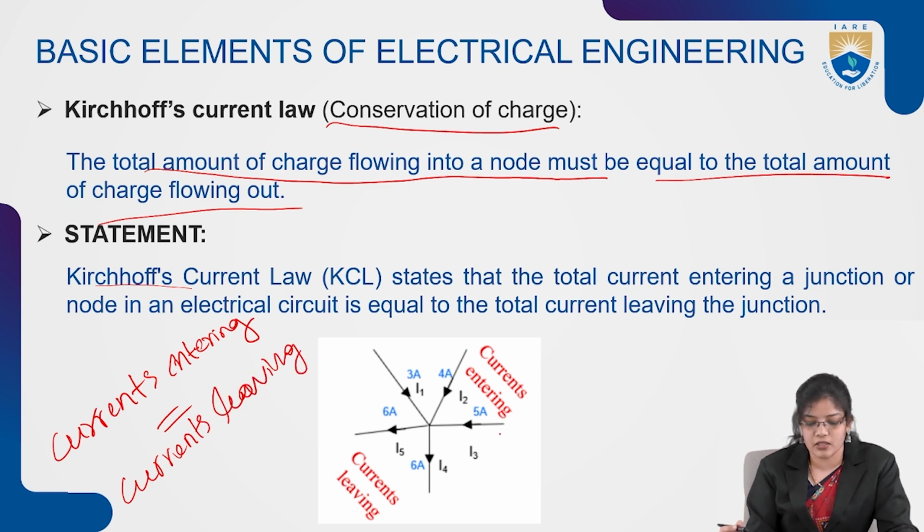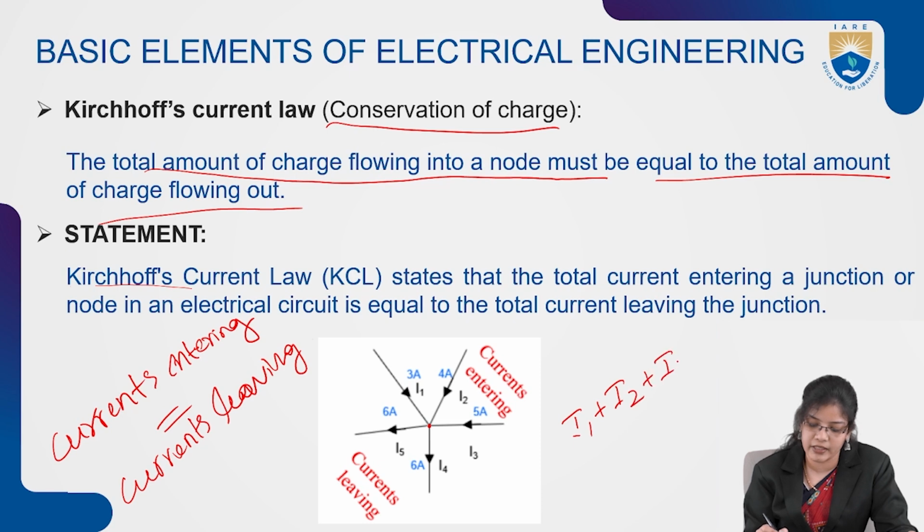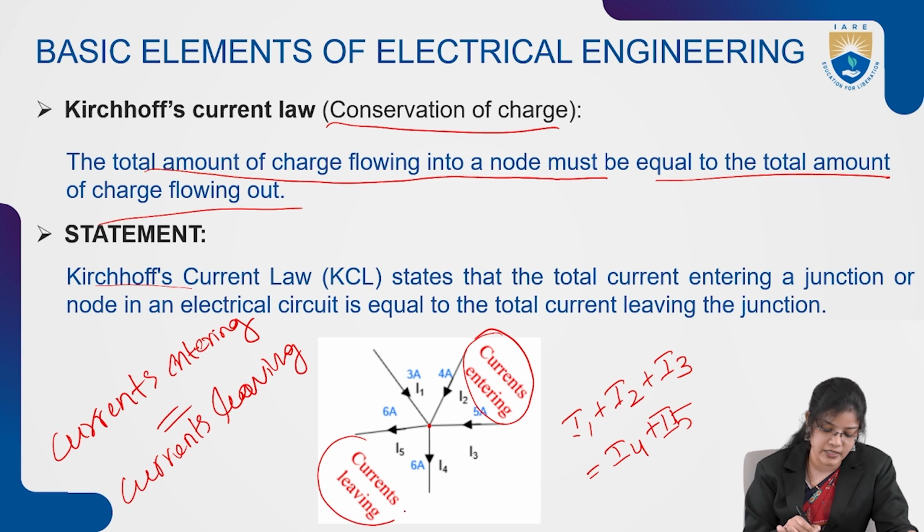If you see this circuit, here is a junction where I1, I2, I3 are incoming currents and I4, I5 are outgoing currents. So it can be written as I1 plus I2 plus I3 is equal to I4 plus I5. The total current entering the junction should be equal to the total current leaving the junction.